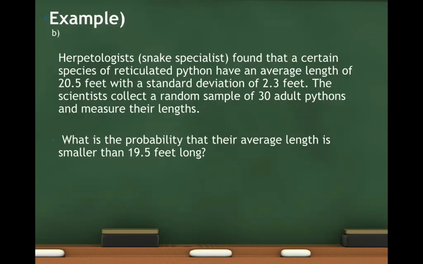feet long. And so again, let's just find the z-score. It never hurts to find the z-score and understand what it's telling us. And so, again, you can make yourself a sketch. Here's the normal distribution. Here, the mean for these pythons is 20.5.